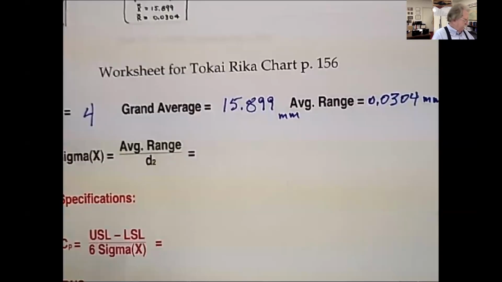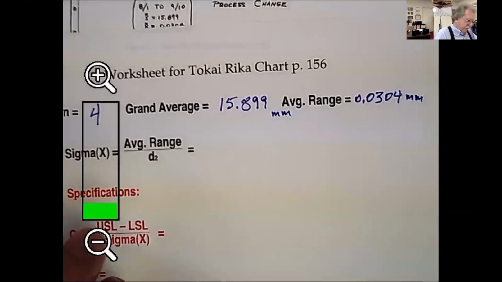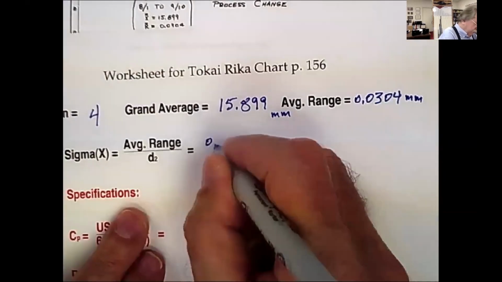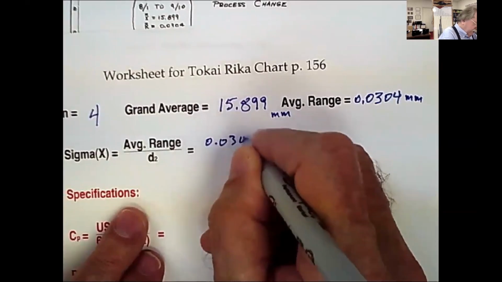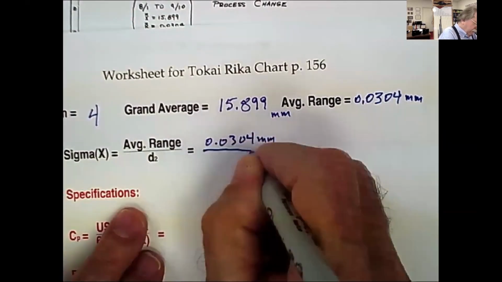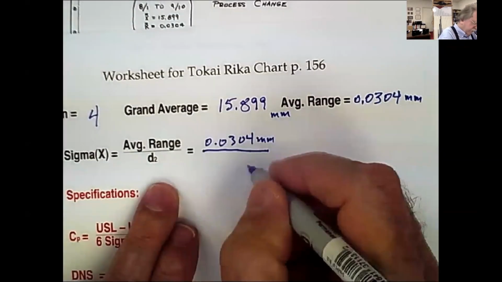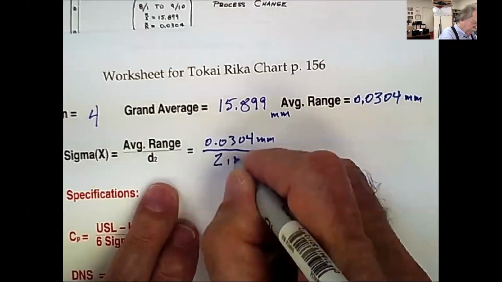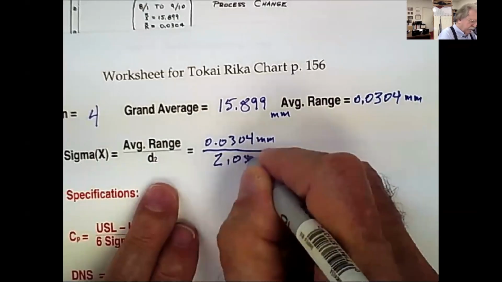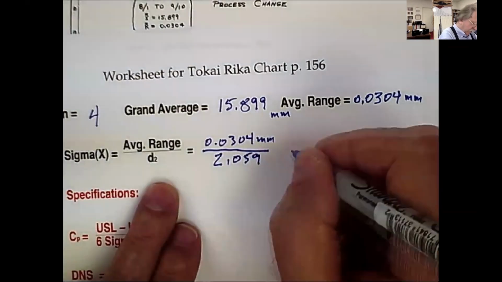So sigma of x will be the 0.0304 millimeters. Subgroup size 4, our d2 factor is 2.059, I think, inside front cover of the workbook.